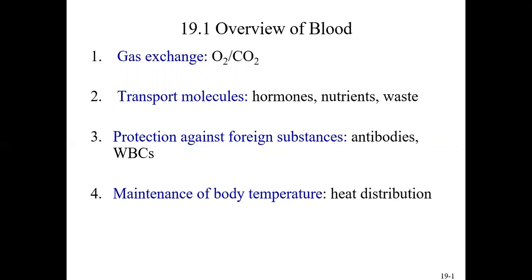And then WBCs, that's my abbreviation for white blood cells. We'll be talking about white blood cells in this chapter and also in lab. Maintaining body temperature, that's critical. It's basically heat homeostasis and heat distribution. And so the blood is important to help distribute the heat that the body generates throughout the body.